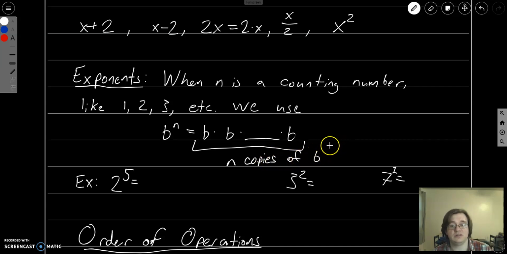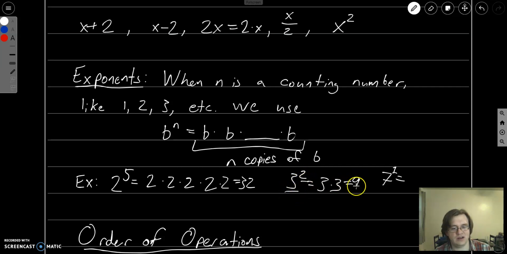And I'm multiplying them all together. So for instance, 2 to the 5th power will just be 2 times 2 times 2 times 2 times 2. So I've got 5 copies of 2, and if I multiply all these together, I will get 32. If I take 3 squared, this is going to be 2 copies of 3, and we'll get 9.